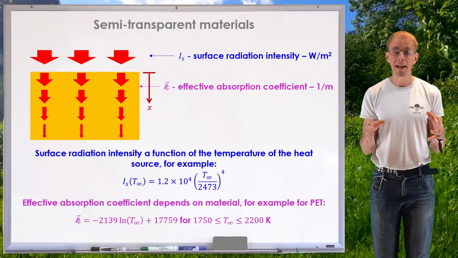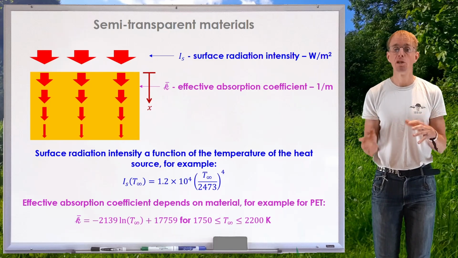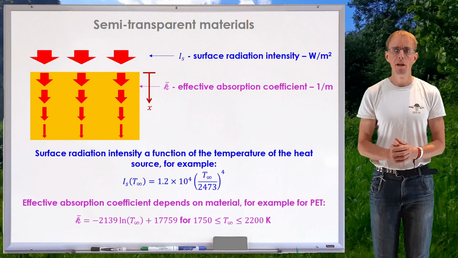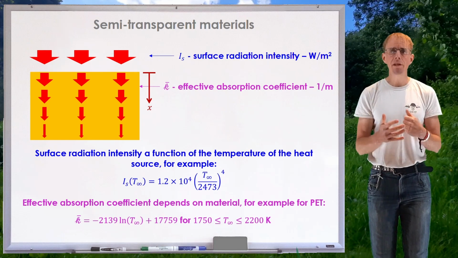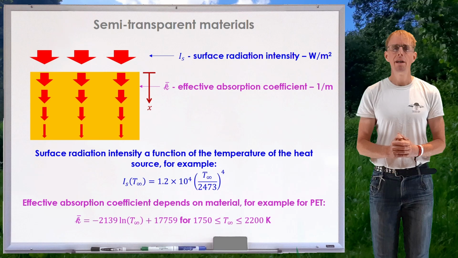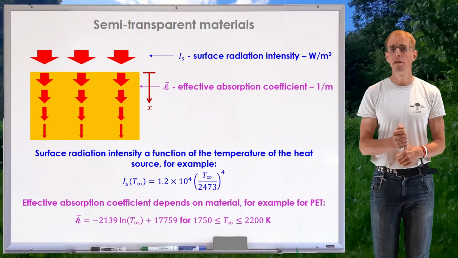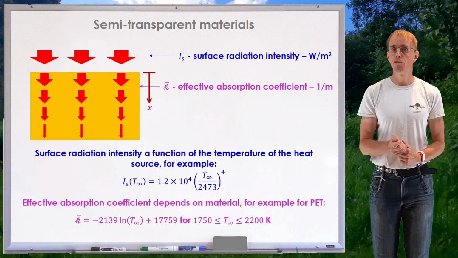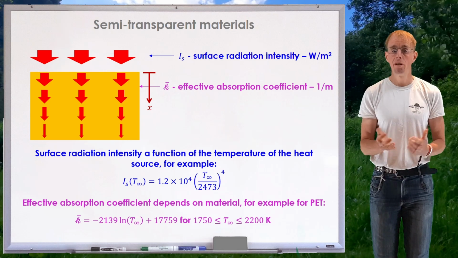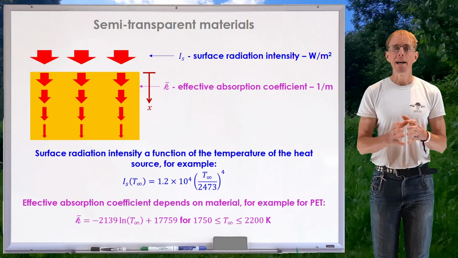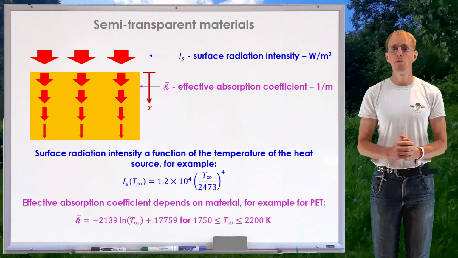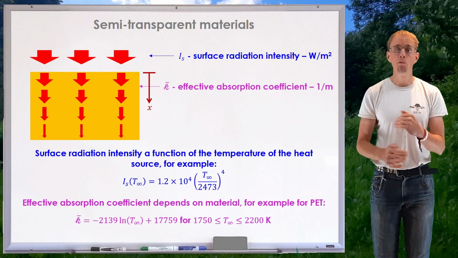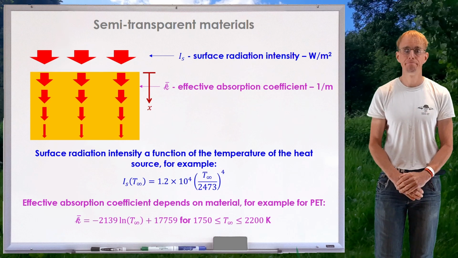Moreover, it also has a temperature range over which it's valid, because it's effectively a correlation and it's going to have a valid range. So what this allows us to do is to work out the intensity of the radiation at the surface, to work out the effective absorption coefficient based on the heat source, and then work out what the volumetric energy source term would be in the energy equation as a function of position through the material.